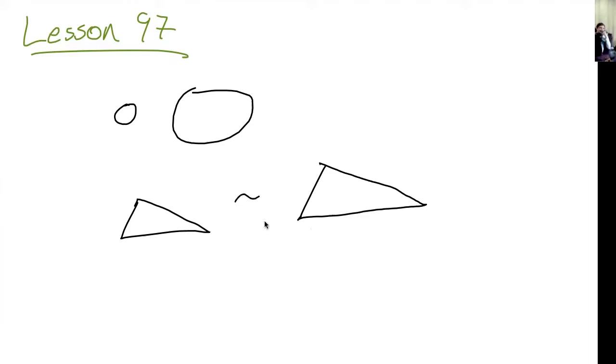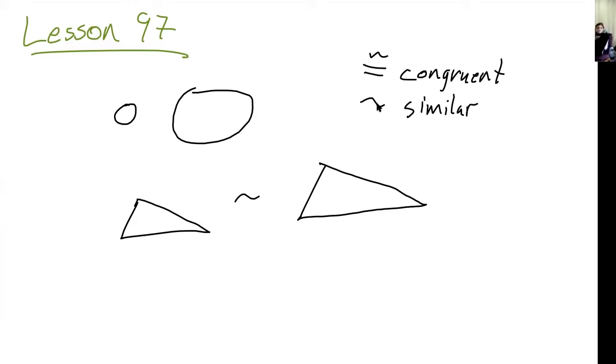So the symbol for similarity is this little squiggly. And do you guys remember, if they're the same shape and same size, that means congruent. And what I love about these symbols is that, see how it has an equal sign and a similar sign.